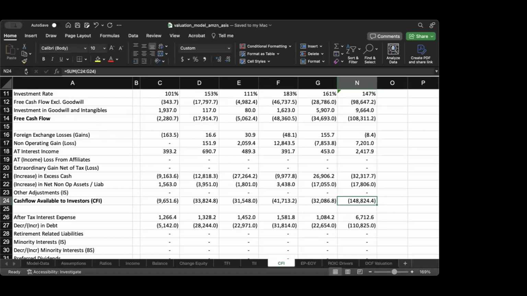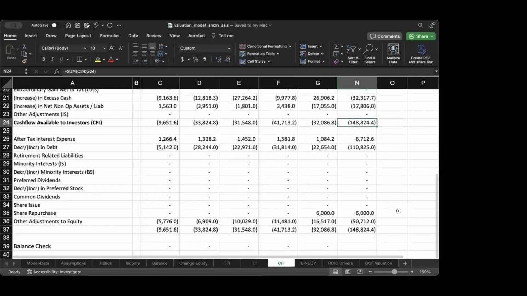So, with their negative cash flow available to investors of roughly 148 billion, they increased their debt by 110 billion, and their after-tax interest expense was also 6 billion.